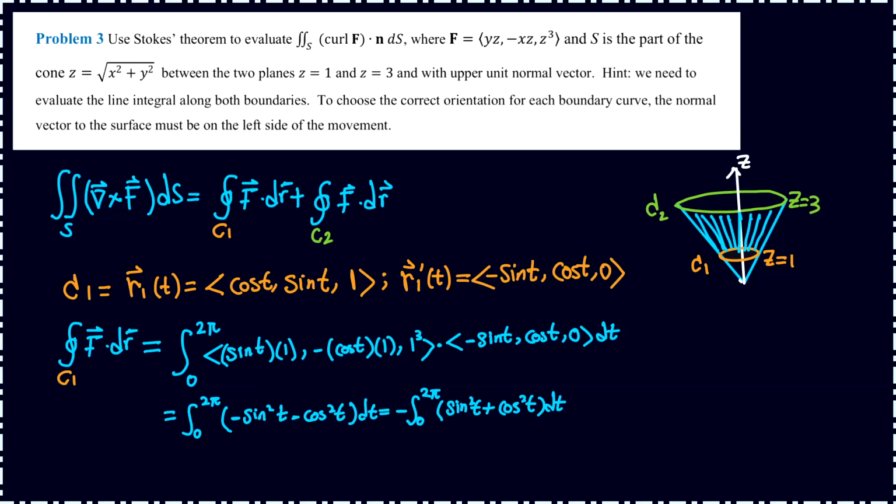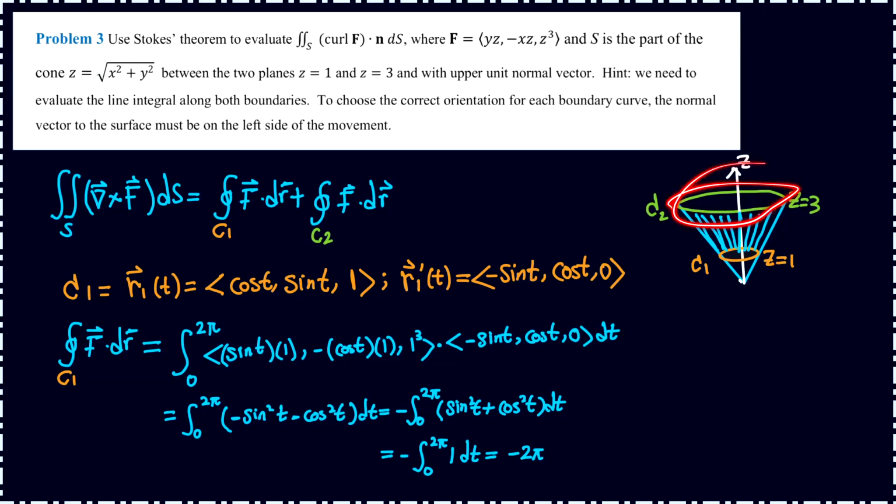So you are really finding the negative of the integral from 0 to 2 pi of 1. Okay, that is just negative 2 pi.